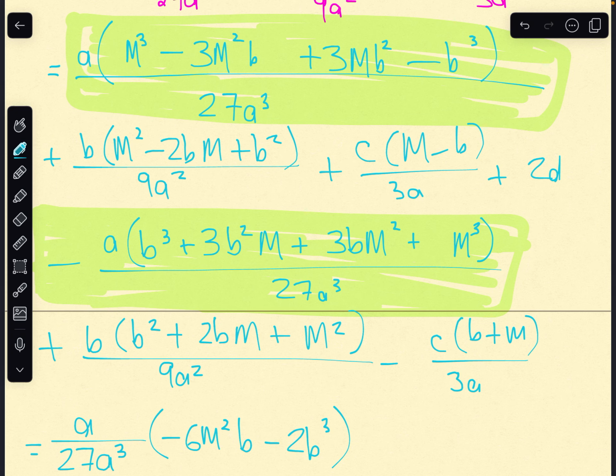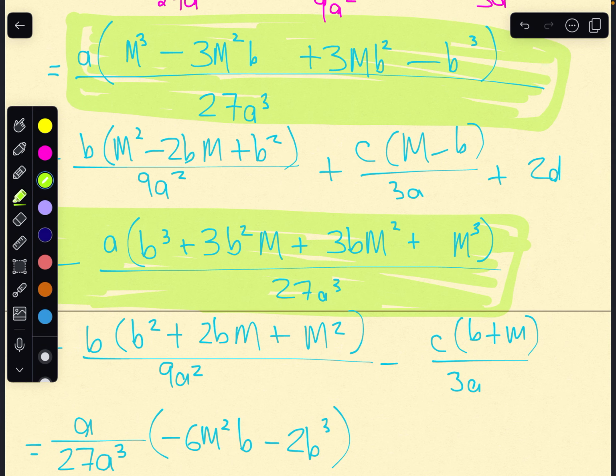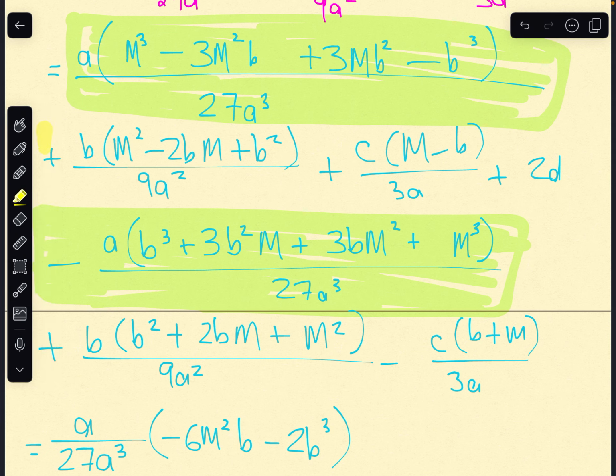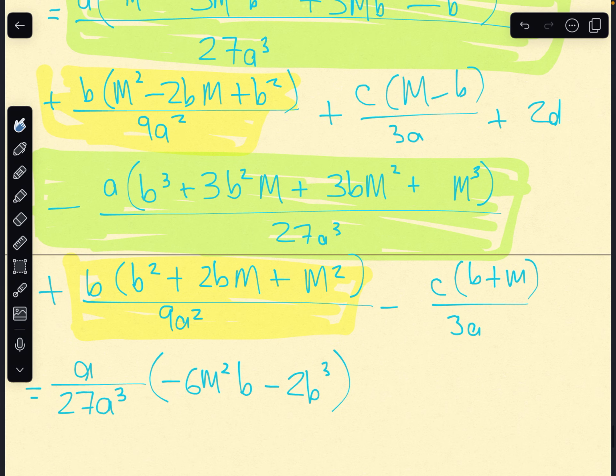Next up I want to look at this guy and this guy, because again they have a common factor of b over 9a squared. So I can factor that out, b over 9a squared, and then I can just look at what's left.